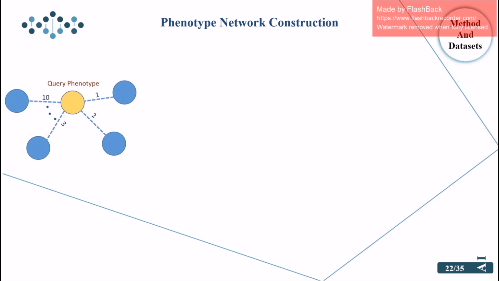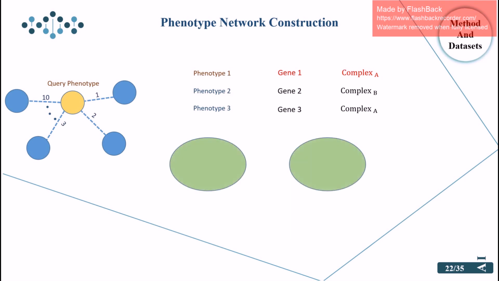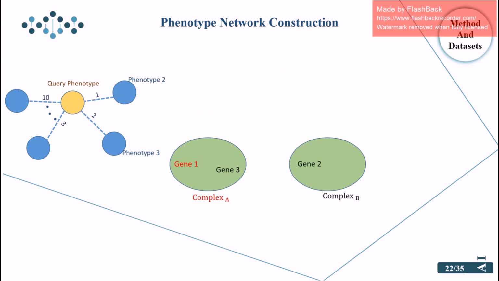For a better comprehension, I'm going to explain this matter with an example. Imagine we have three phenotypes with their related genes and complexes. The first one in orange is our query phenotype. As you can see, both gene 1 and gene 3 belong to complex A, and gene 2 belongs to complex B. Now we want to find 10 neighbors for our query phenotype.